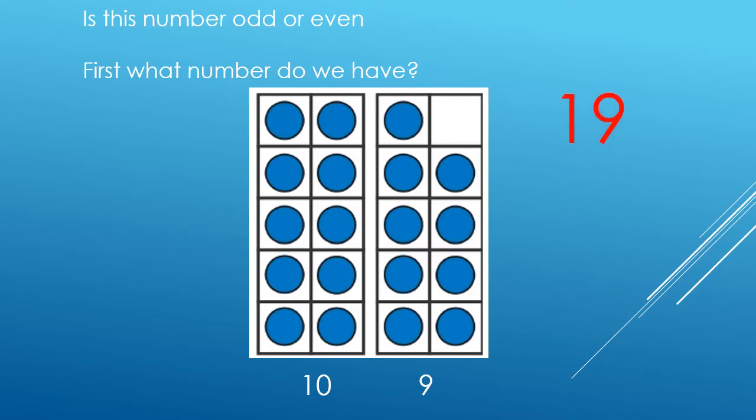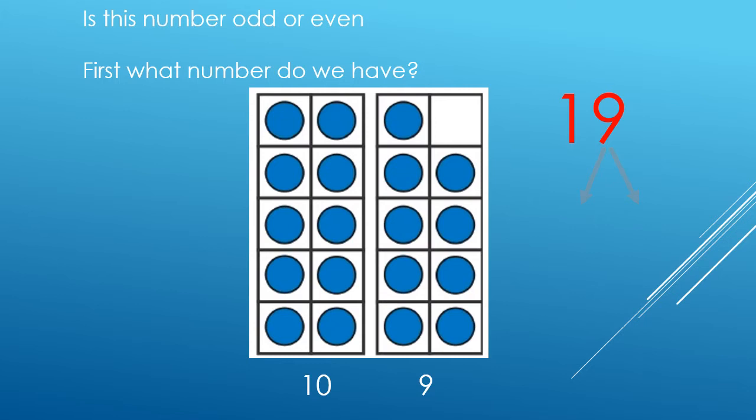Now, to know whether 19 is odd or even, we need to look at the second number. We need to look at the number 9. Can the number 9 be split into 2 equally? This is where you need to use your knowledge from your learning yesterday, where we tried to split the number into 2 to find if it was equal.